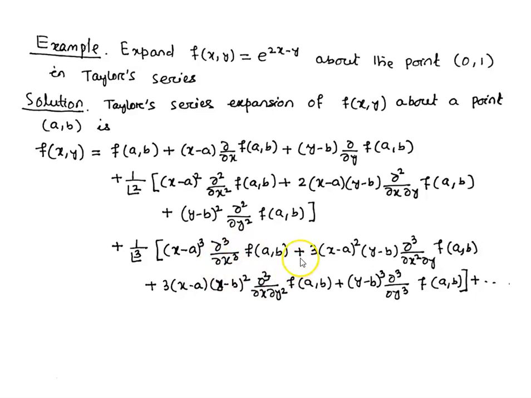Similarly, in the third term, we have expanded (x−a) ∂/∂x plus (y−b) ∂/∂y whole cube, which is (x−a)³ ∂³f/∂x³ at (a,b) plus 3(x−a)²(y−b) ∂³f/∂x²∂y at (a,b) plus 3(x−a)(y−b)² ∂³f/∂x∂y² at (a,b) plus (y−b)³ ∂³f/∂y³ at (a,b) like this. So this is the formula for Taylor series expansion.